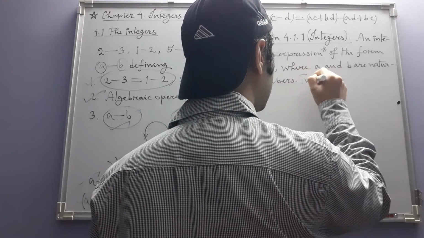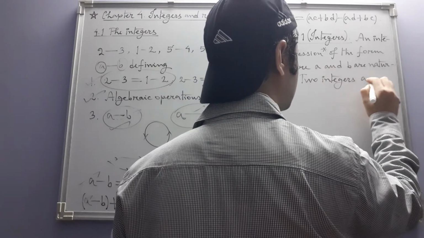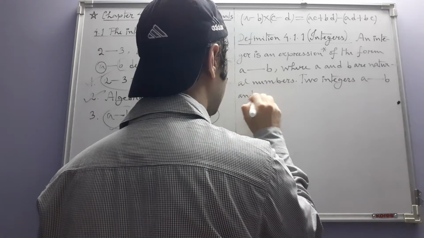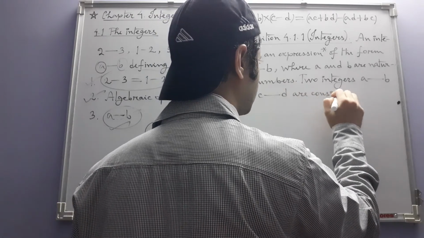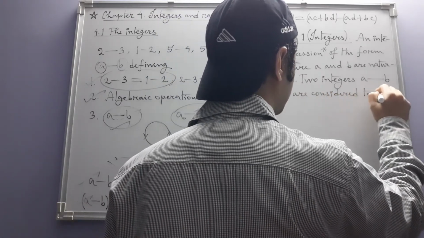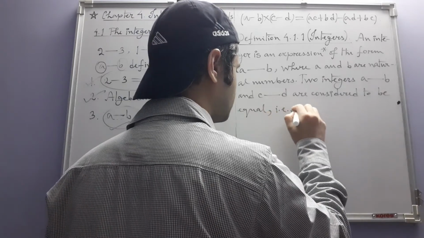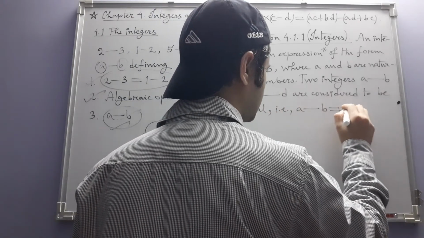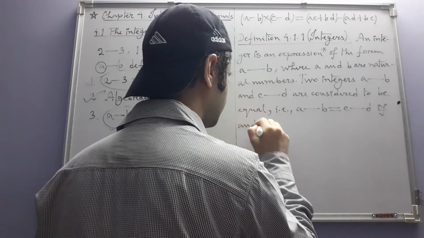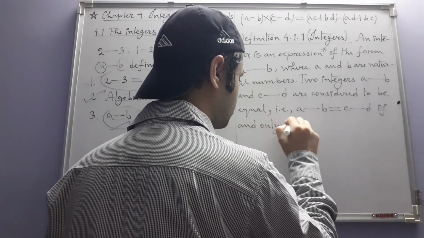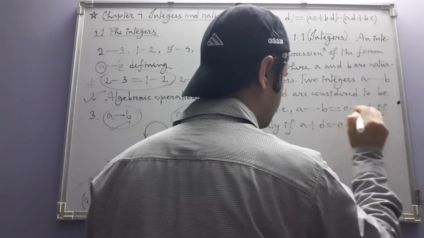Two integers a dash b and c dash d are considered to be equal, that is, a dash b is equal to c dash d if and only if a plus d is equal to c plus b.